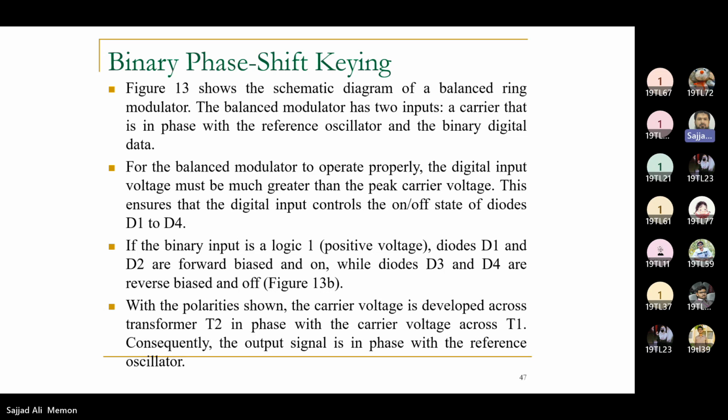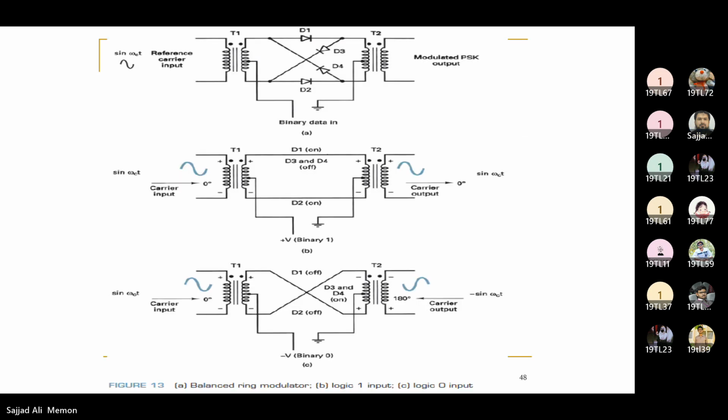Let's see first figure 13. So this is figure 13, that is balanced ring modulator. A is that, B is logic 1 input, and C is logic 0 output. So this one is a balanced ring modulator, where you can see 4 diodes, D1, D2, D3, and D4.